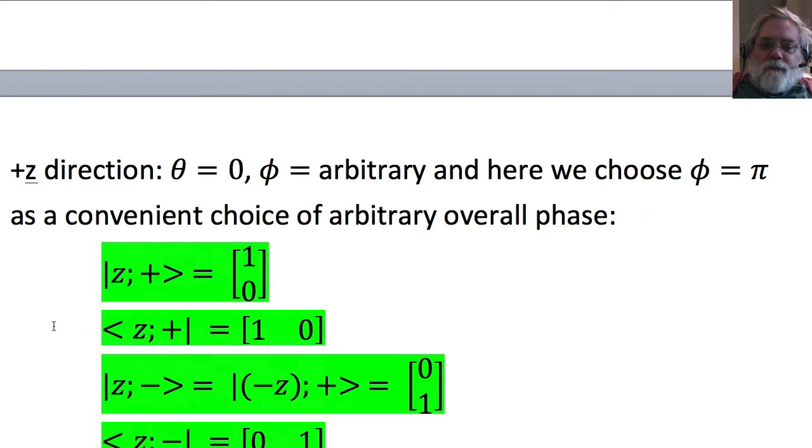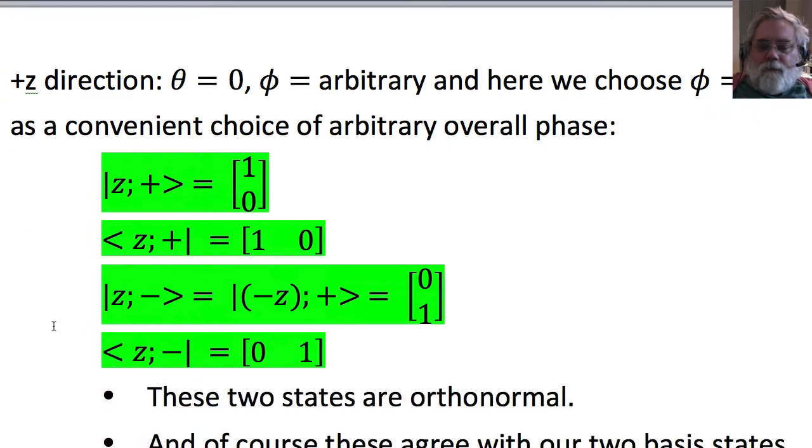Now we already know the z direction, but let's prove that our formula for arbitrary n also works for z. For the z direction, the polar angle is 0, the azimuthal angle is arbitrary. Here I chose the azimuthal angle phi to be pi just to be a convenient choice of arbitrary overall phase. So we get that ket z plus is the column vector 1, 0.